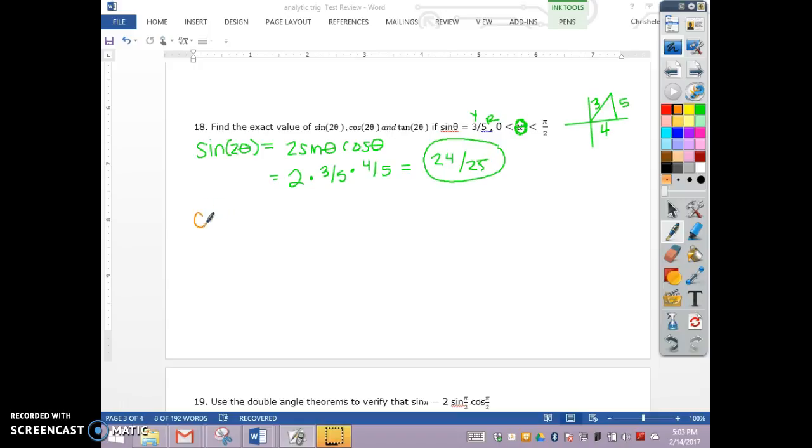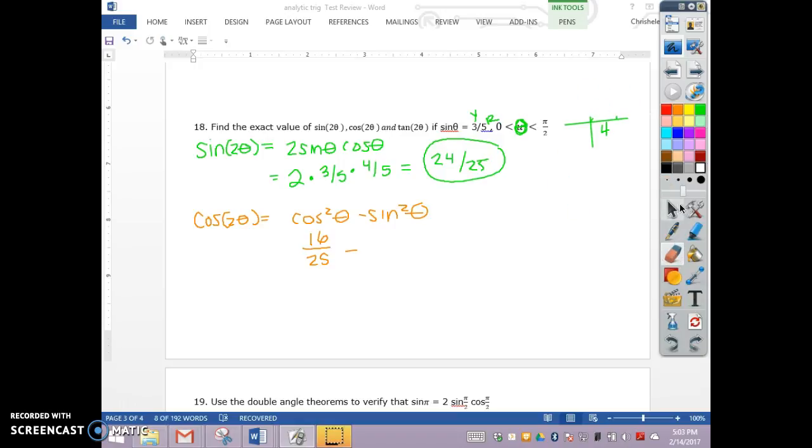To find cosine, I take cosine squared minus sine squared. So cosine squared was 4/5, so 16 25ths. And sine, no. What am I doing? Why isn't anybody stopping me?